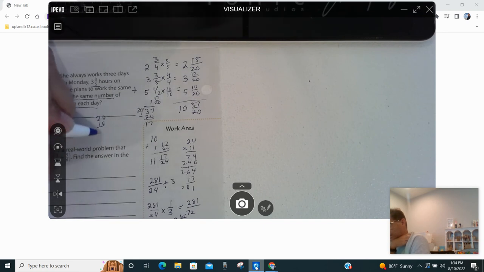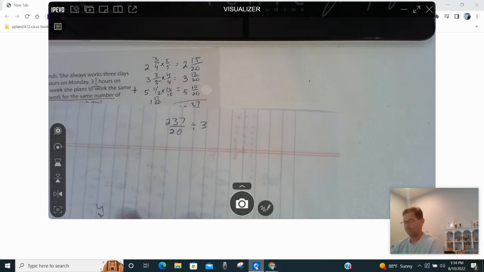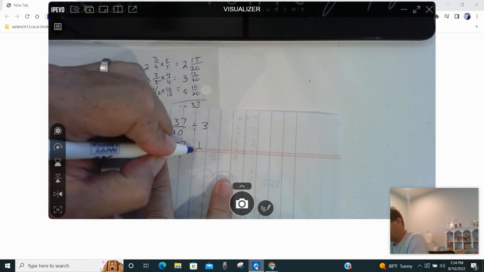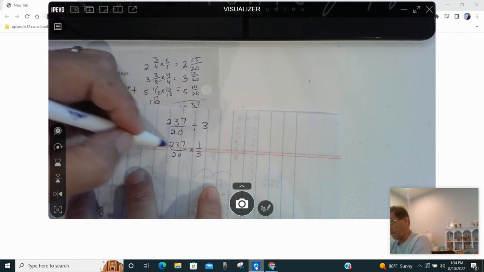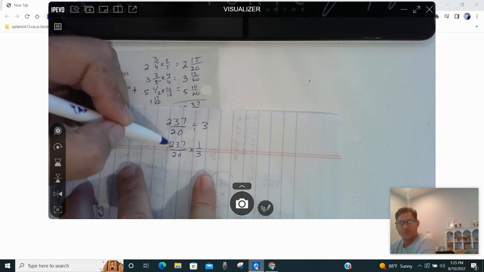20 times 10 is 200 plus 37, 237/20. Divide by 3. Okay, so I know 3 goes into this because the sum of 7, 3, and 2 is 12.